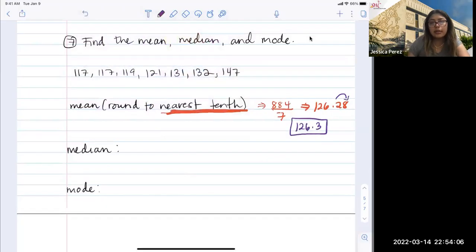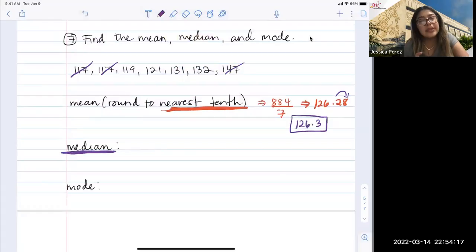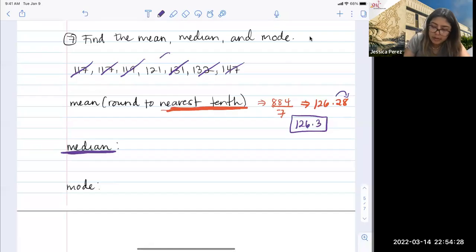Now the median is the middle number, so I do cross, cross. Be careful when you're doing the median. You have to have your numbers in order, your list in order, and if it's not in order, you're going to get an incorrect median. Cross, cross, cross, cross, and when you do cross, cross, I cross 3 from one side, 3 from the other.